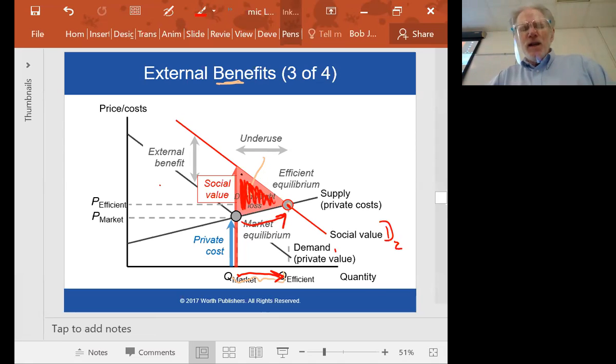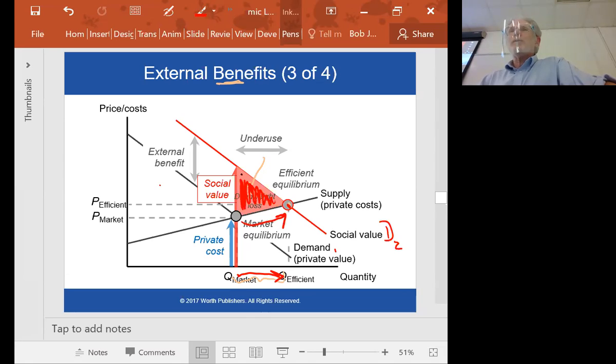Okay? Kind of complicated graphs, but the most important thing, if you have an external cost, then it creates what? Overproduction or underproduction? External cost. It's going to be overproduction. So the solution is to impose a tax that will reduce output, hopefully back to the efficient quantity.